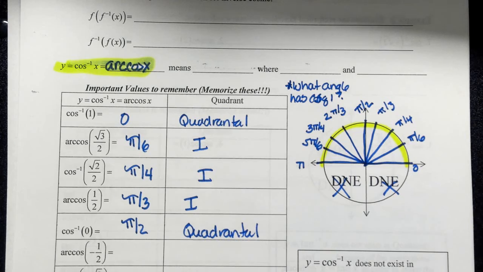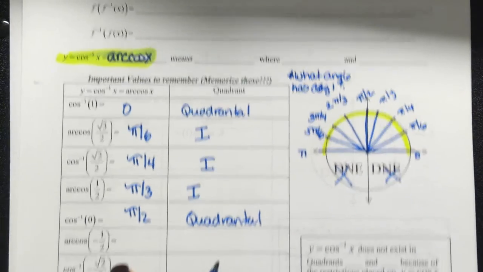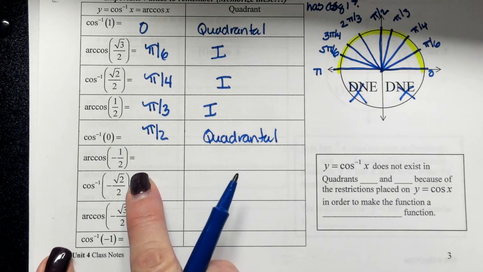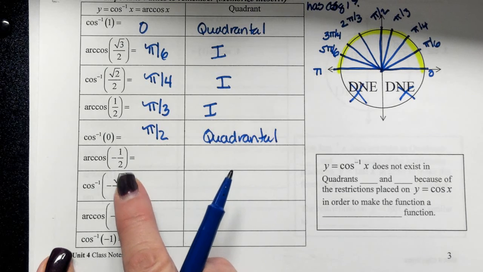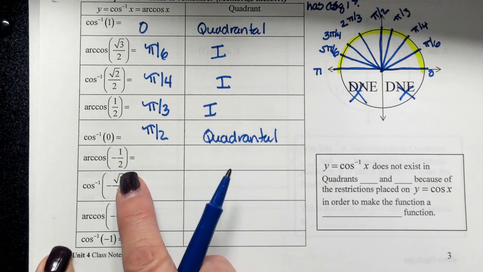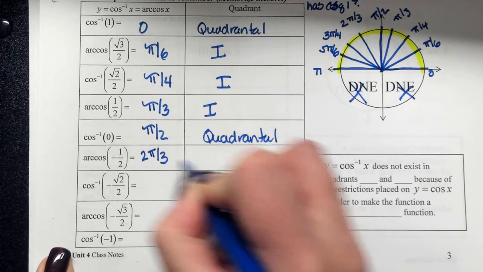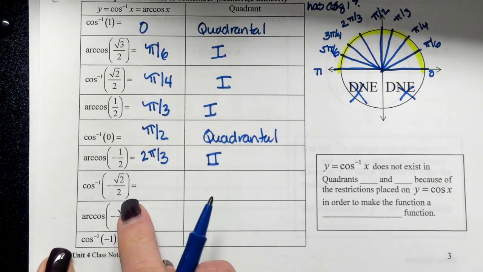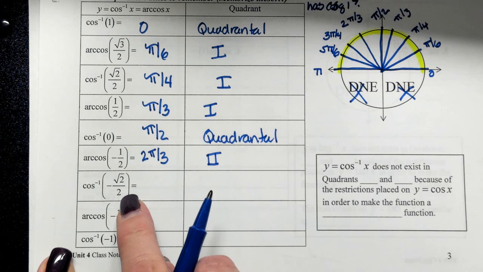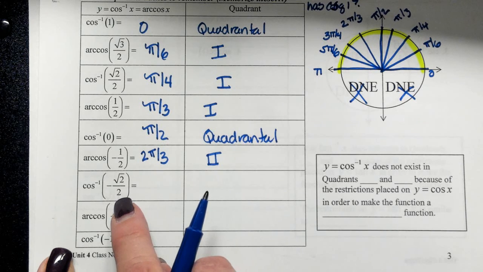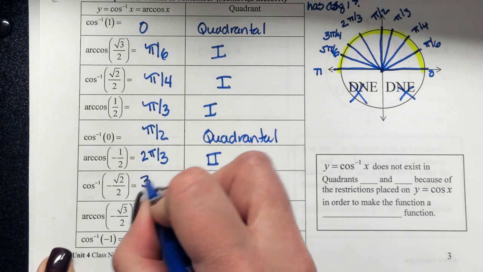So now I'm moving into quadrant 2. So what angle in quadrant 2 has the cosine value, because cosine's negative in quadrant 2, what angle has that cosine value of -1/2? 2 pi over 3. The x-coordinate, negative square root 2 over 2, in quadrant 2 is going to be at what angle? 3 pi over 4.